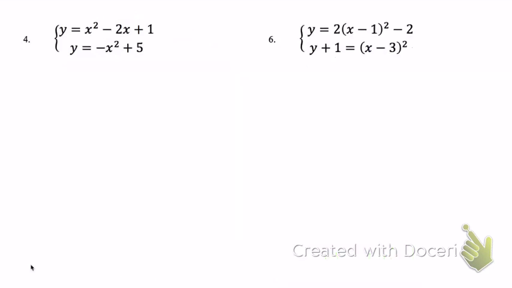So for number 6, what you will need to do is you actually need to FOIL it out. So we'll do this one together. So we have (2x minus 1) squared minus 2 equals (x minus 3) squared. If I moved this over, it'd be minus 1. I'm going to FOIL everything out so that I can simplify.